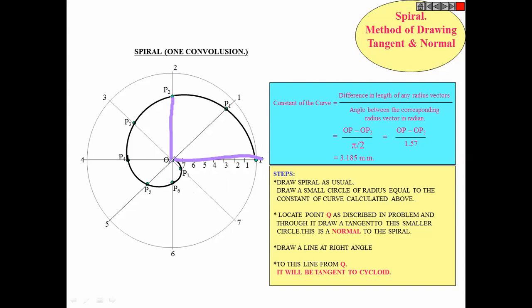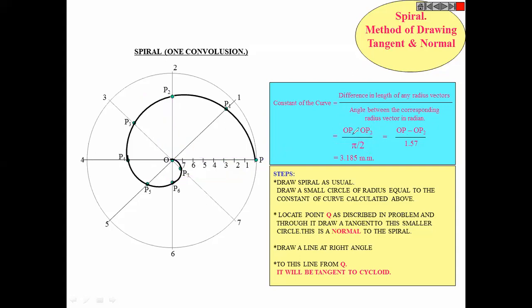We need to take the distance, the difference of this, and the angle intercepted by these two lines is 90 degrees, that is pi by 2. And here we need to take one thing precisely, that this angle is in radians.